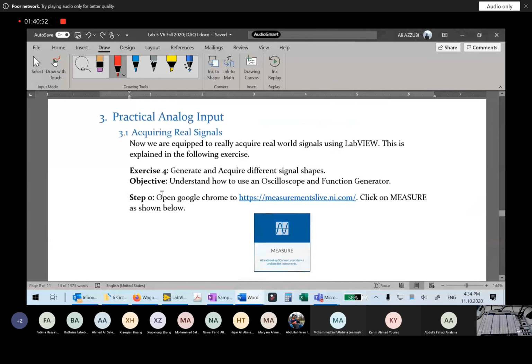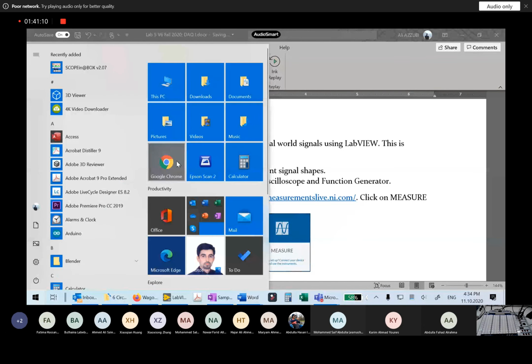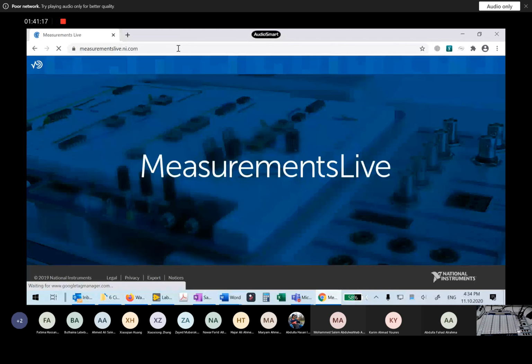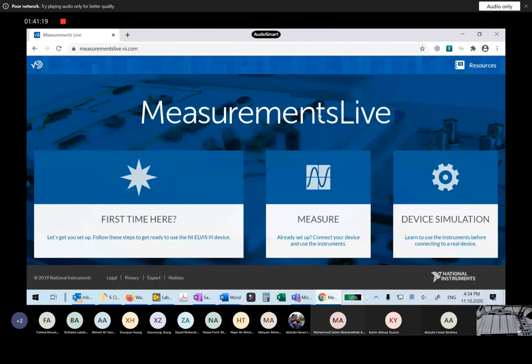Let's open this web page. This is step number 1. I need to open this web page. To open it, you need Chrome. Don't use Firefox. It's not going to work. You will need Google Chrome. So I'm going to open Chrome. I will paste this link here, and I'll see this web page.